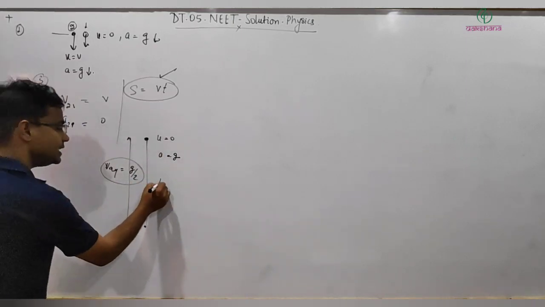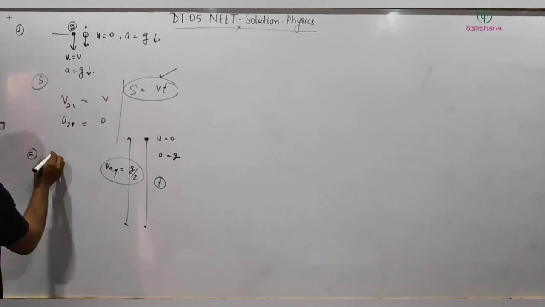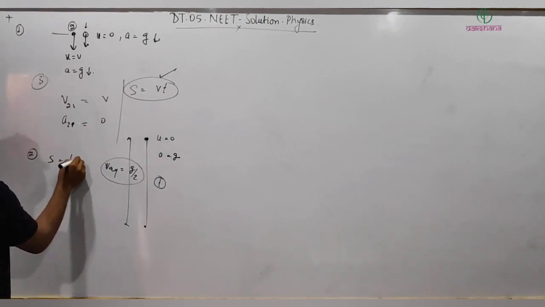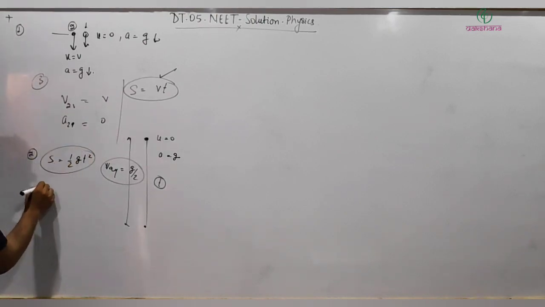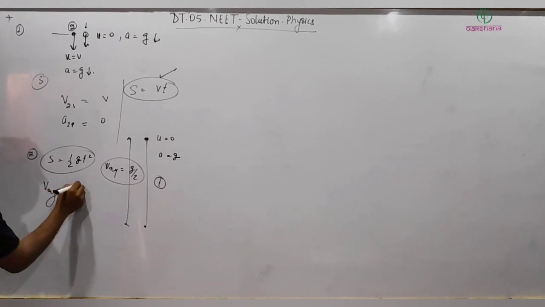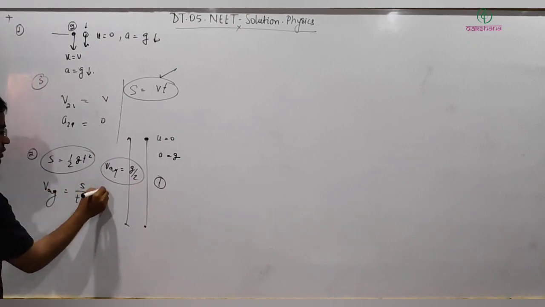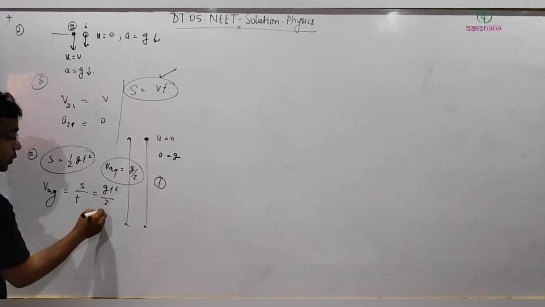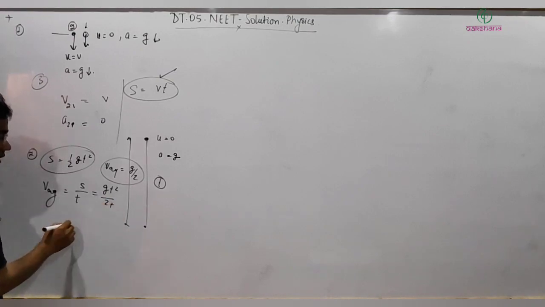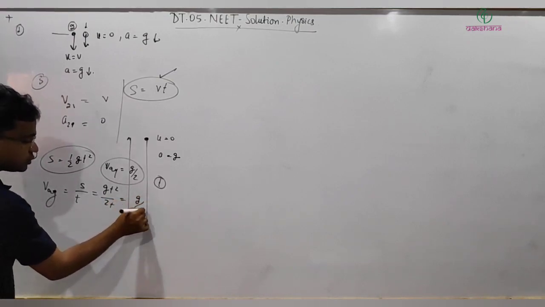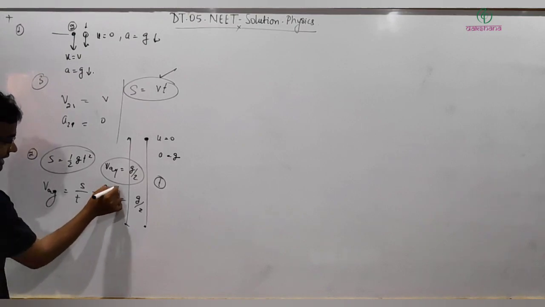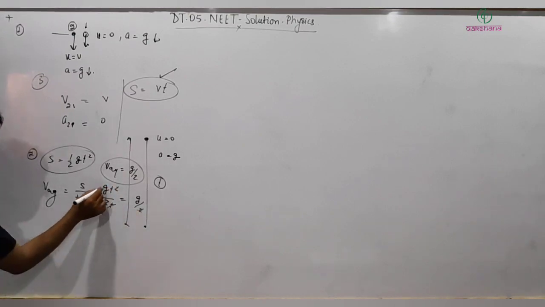Let t be the time taken. Displacement is equal to half g t square. Then v average is s divided by time, that is g t square by 2 divided by t, and this is given as g by 2. So t gets cancelled, g gets cancelled.